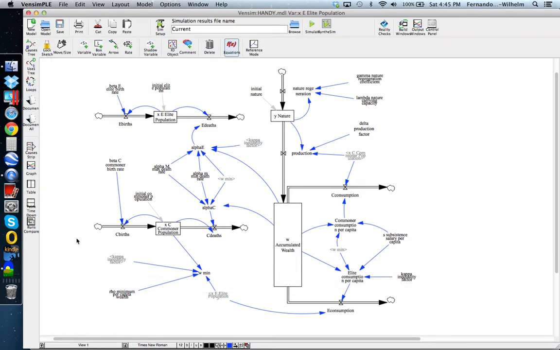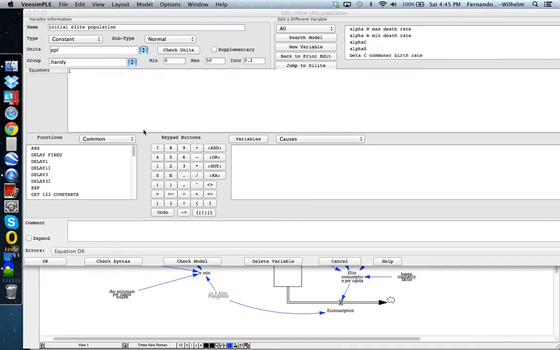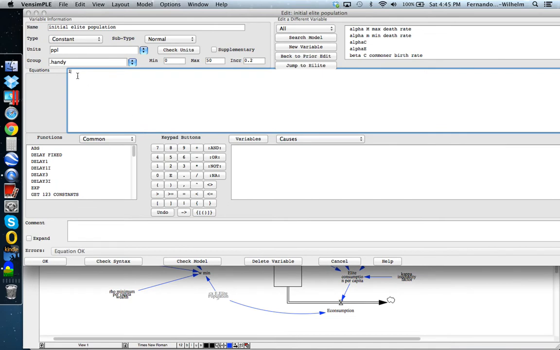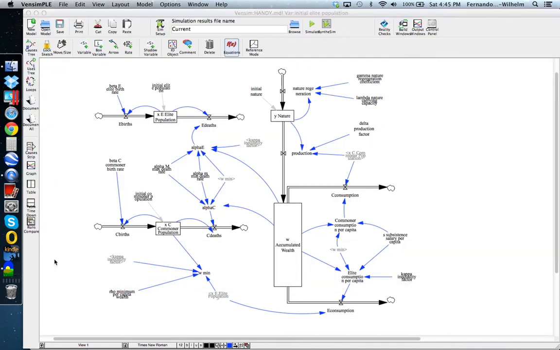If you click on that, we'll see the value. This model, I believe, has a value of just a single person to start with as elite. Yeah, single person. See in contrast what we started the commoners with.